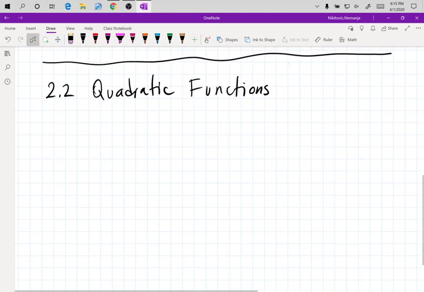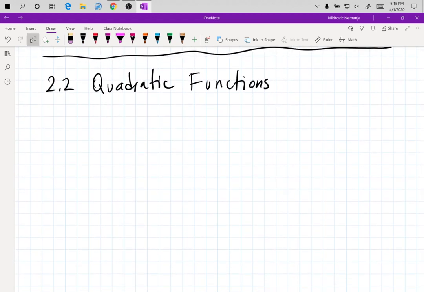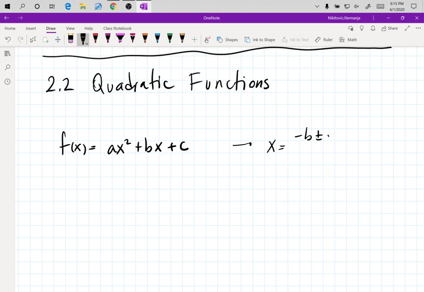So these are actually polynomials that have x squared. And we know two forms, right? We know f of x equals ax squared plus bx plus c, from where you can use x equals negative b plus minus square root of b squared minus 4ac divided by 2a formula, because you have a, b, and c given.